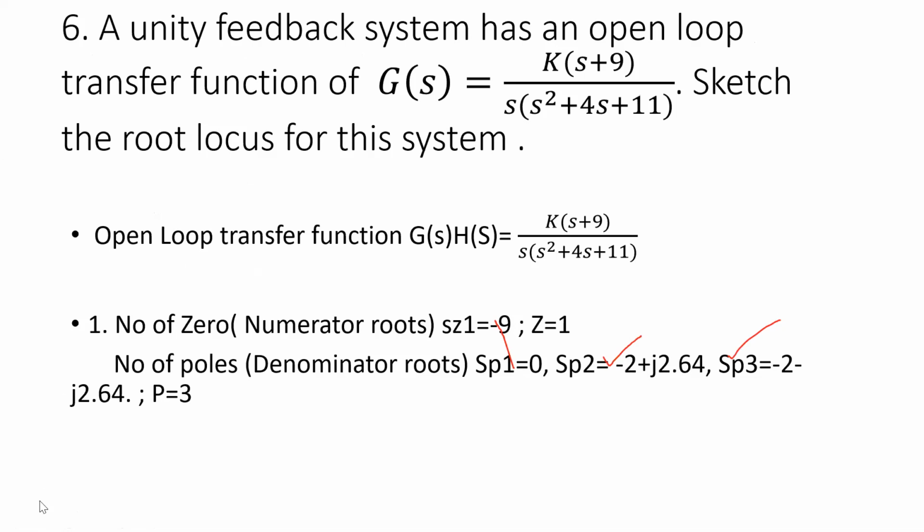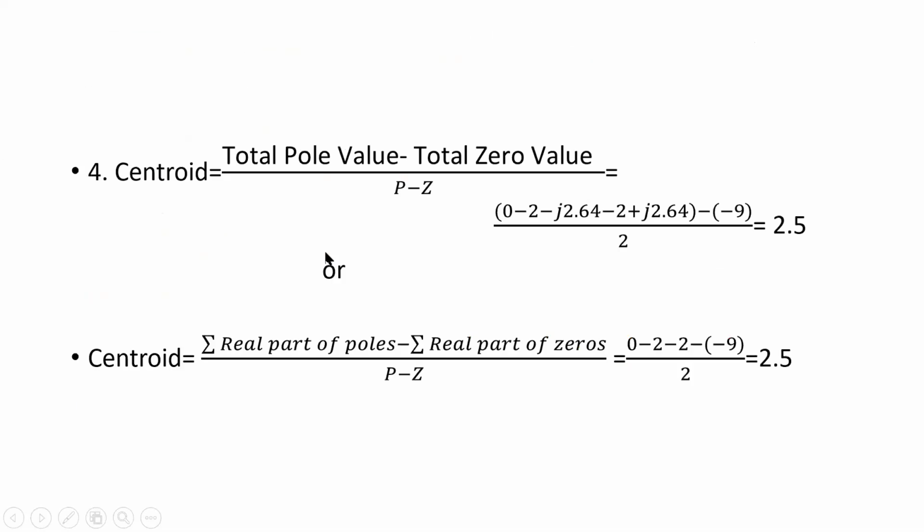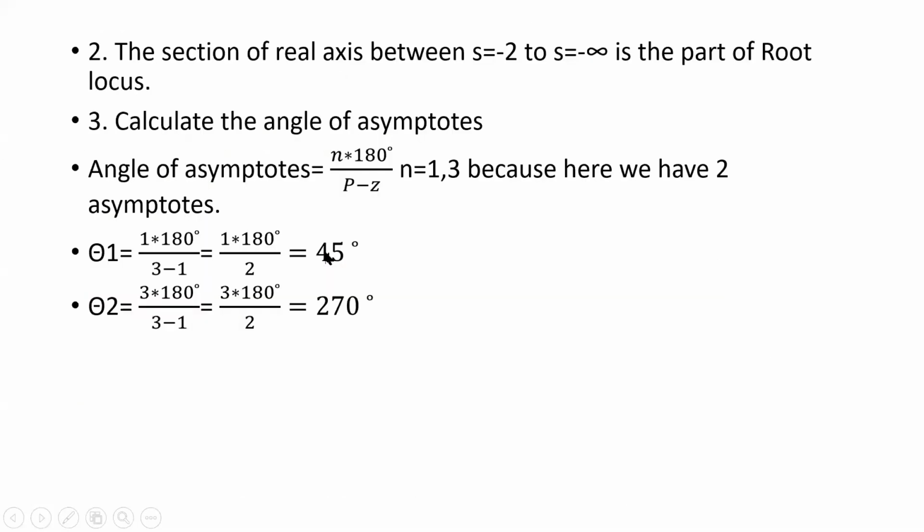One asymptote, sorry, this is 90 degree. It is not 45, it is 180 by 2, which is 90 degree. The other one is at 270.